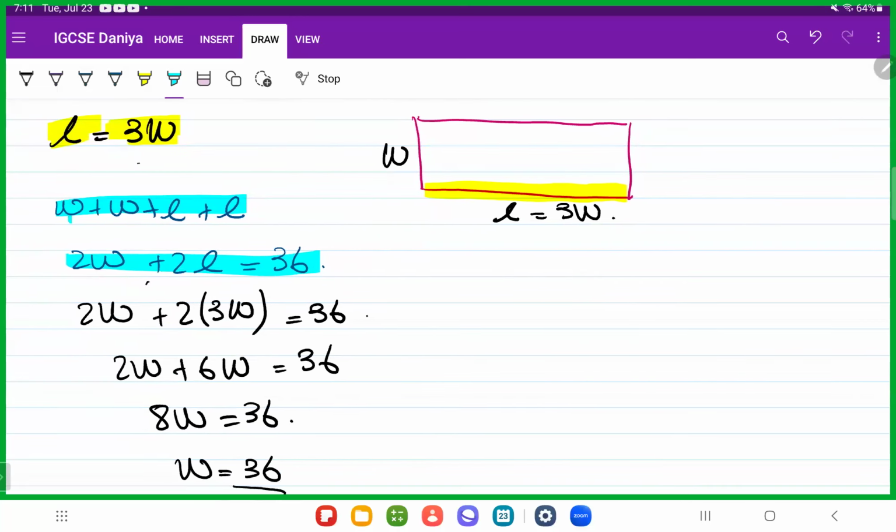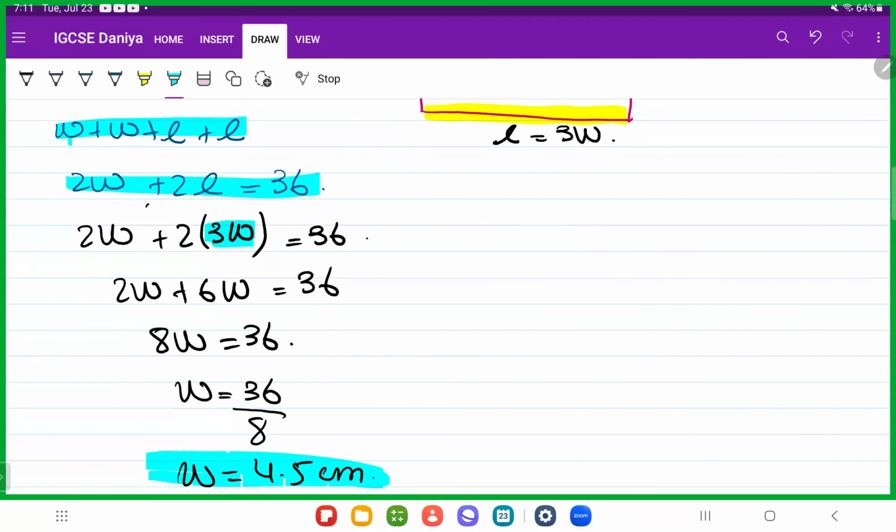Now, as I know length is equal to 3W, can I just replace the L with 3W? Yes, because L equals 3W. So once I do that, I can find out W. Make sense?